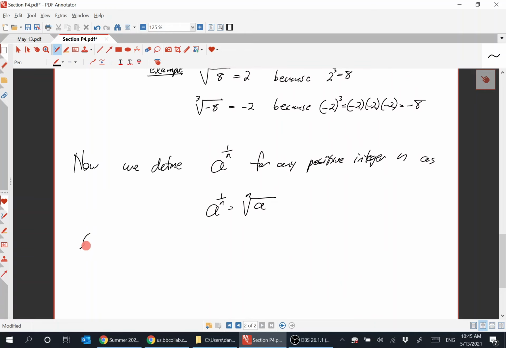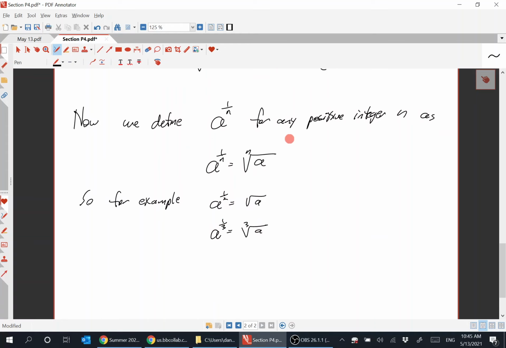So for example, a to the 1/2 is the square root of a, a to the 1/3 is the third root of a, a to the 1/4 is the fourth root of a, and so on and so forth.